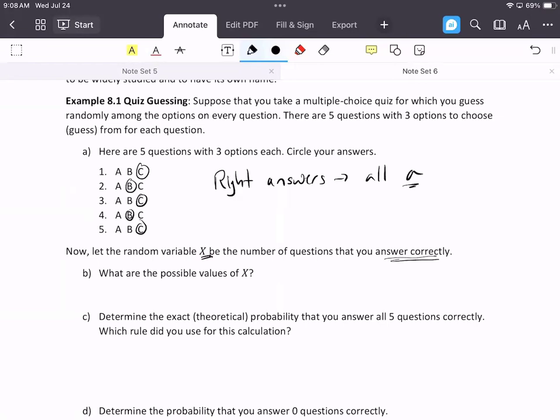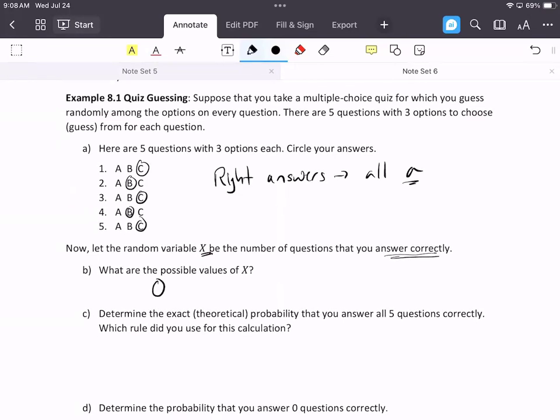So what are possible values for X? What can X be? Well, as you can see, I got them all wrong. You may have gotten 1 right, 2 right, maybe you got them all right. What's the best case scenario? Well, hopefully you're like, as you just said, I could get them all right. And then I could get anything in between. So those are my possible values of X. And of course, this is big X.